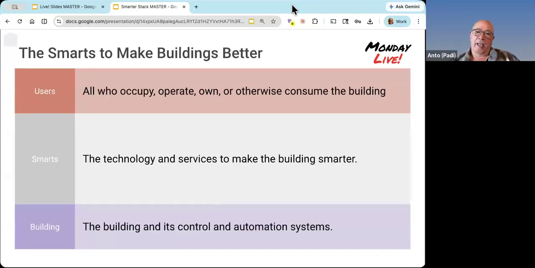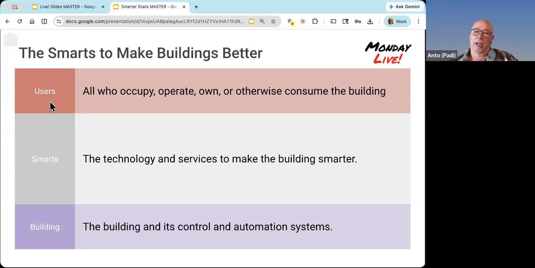When we started thinking about building, back then, 4 years ago, we tried to simplify as much as possible. And what we said is that there's basically 3 things going on. There are us humans, whom we refer to as users here. We are using buildings. We occupy them, we own them, we otherwise consume the buildings. We go to school in them, we work in them, whatever it is.